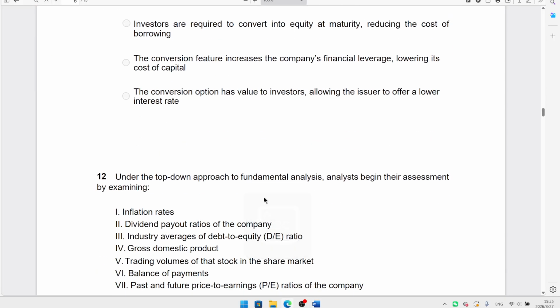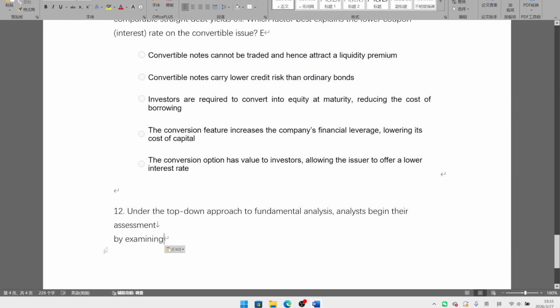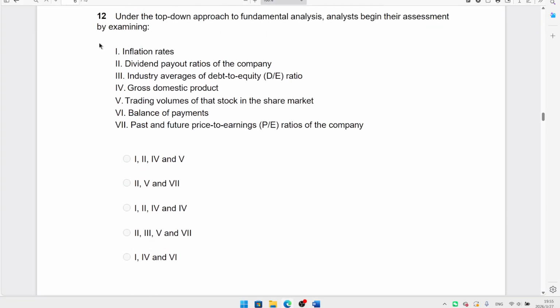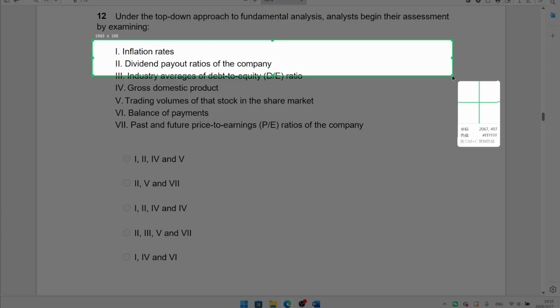Question 12: under the top-down approach, an analyst begins the assessment by examining the macro situation. Inflation rate, yes. Dividend payout ratio of the company.